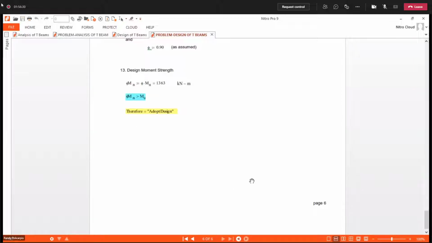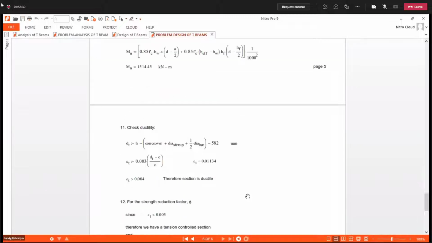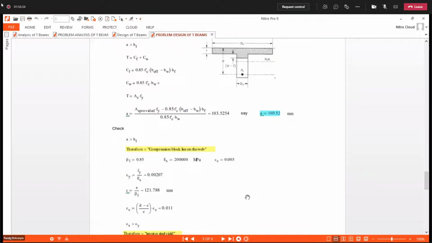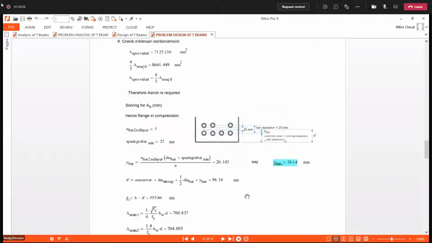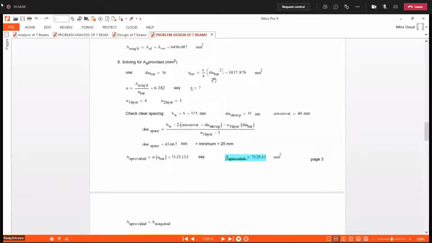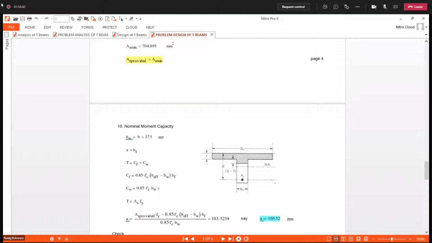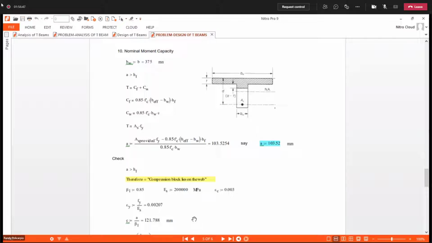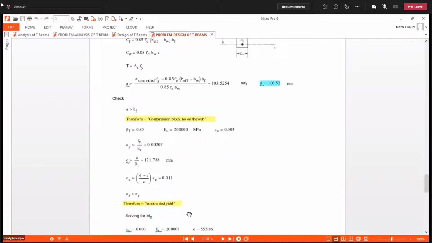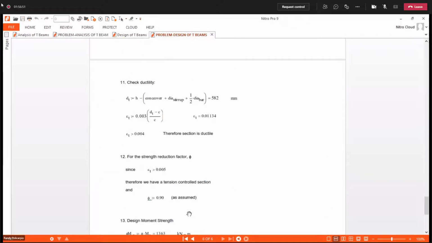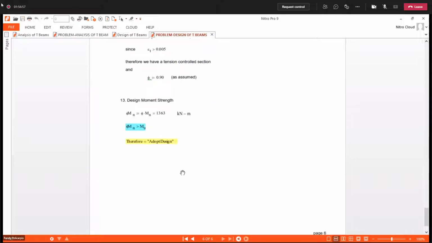So yun yung about the design of T-beams. Once you have your reinforcement, the next step is you analyze. You get your nominal strength, then also your design moment, by taking the ductility requirement and the strength reduction factor.